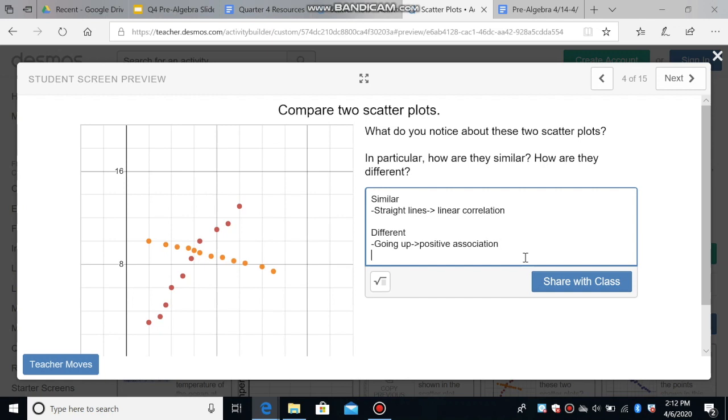Whereas when I look at the orange scatter plot, it looks like it's going down. Which again, to be more mathematically correct, this line, if I would make a line there, would have a negative slope. So it would have a negative association. You might also call it a negative correlation.